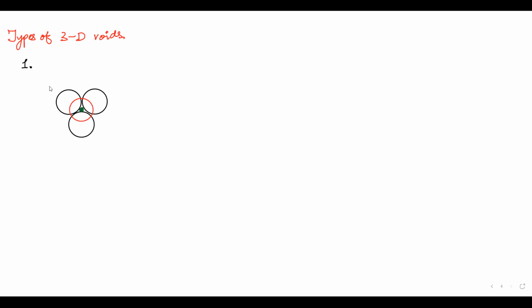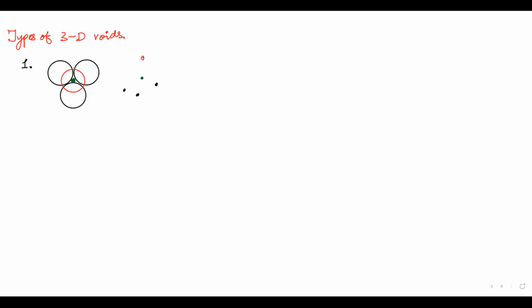We have a 3D void now. 3D voids are named a bit differently. I mean, not very much differently, but a bit differently. First of all, you point this particular void, okay. Then you place an atom above it, that is this red atom. Then you have 3 atoms below, like this.